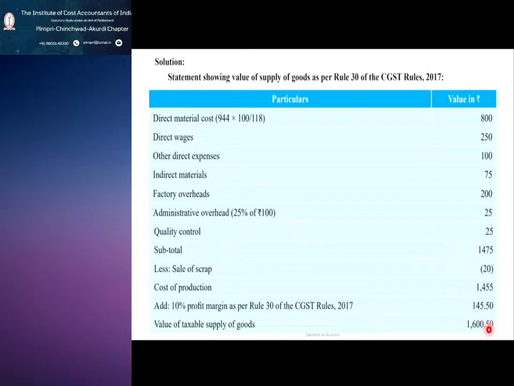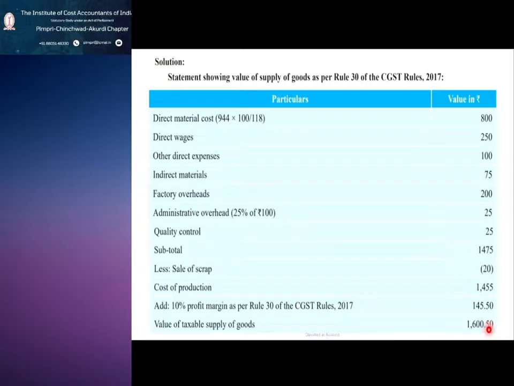So these rules are nothing but for when you are struggling to find the transaction value, which value to consider, or how you need to calculate the taxable value of supply. That is the purpose of these rules. Now, rule 27, you got some idea of what it is.